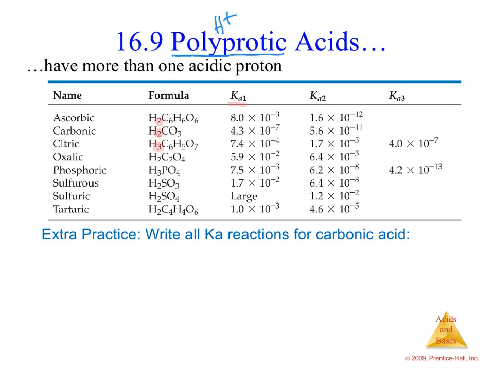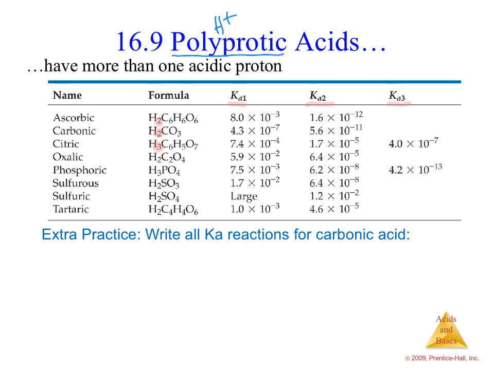In our previous Ka table, when we were looking at just monoprotic acids, or acids with 1 acidic hydrogen, we saw just 1 Ka value. Now looking at polyprotic acids, I can see that I have many Ka values: Ka1, Ka2, and Ka3.